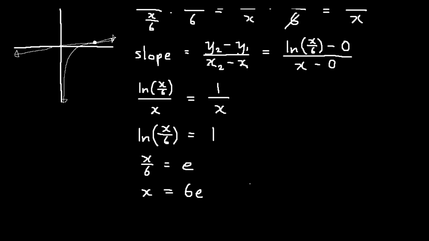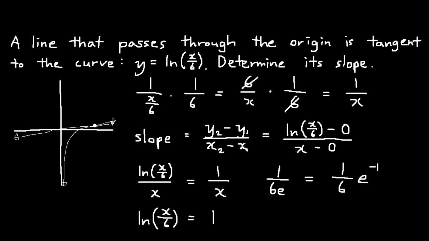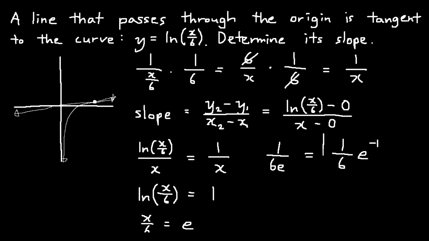So substitute 6e for x in the derivative. That's 1 over 6e, which in the multiple choice question, I believe it said 1 over 6 times e to the negative 1. It's the same thing. Okay?